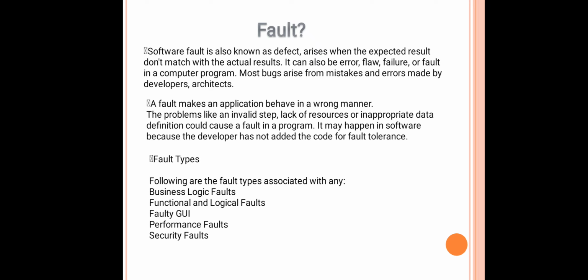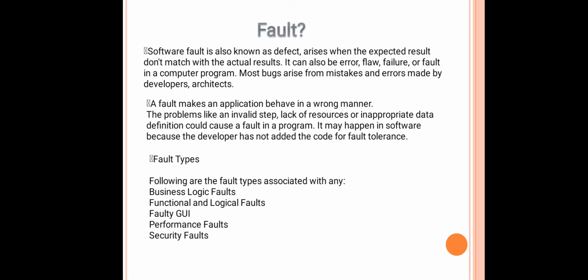So which are the fault types? The first one is business logic faults, which are related to the business logic in the program. The next one is functional and logical faults, meaning the logic and functionality of that program.